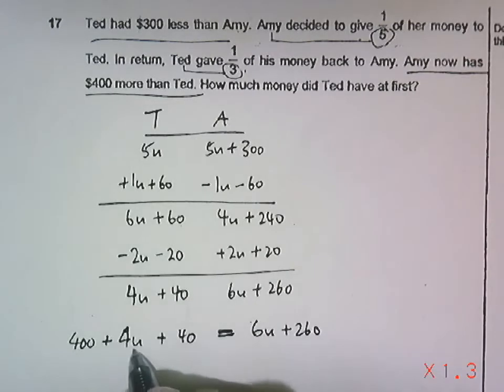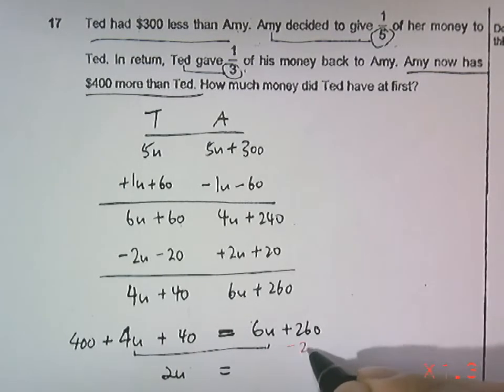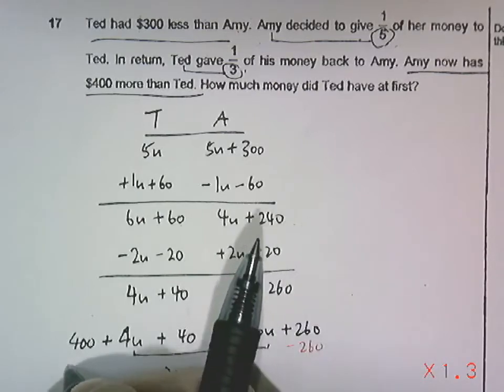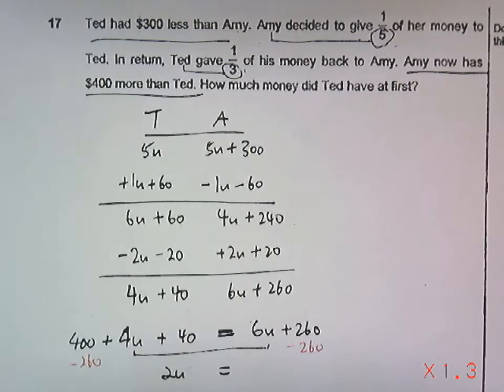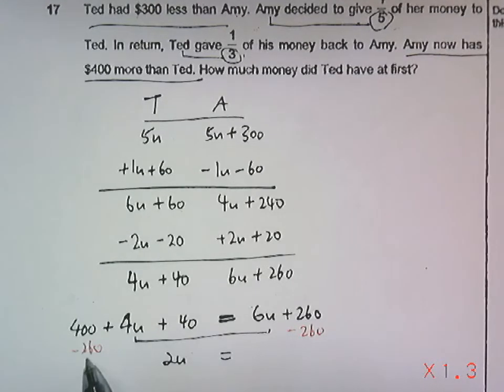Counting the difference in the units first, 2 units. I added 260 here, so I'm going to do the reverse, which is taking away the 260. So 400 minus 260 is 140, not forgetting another 40 here.